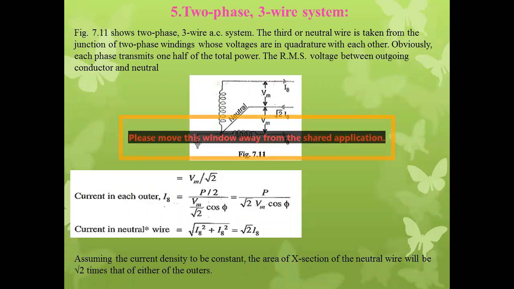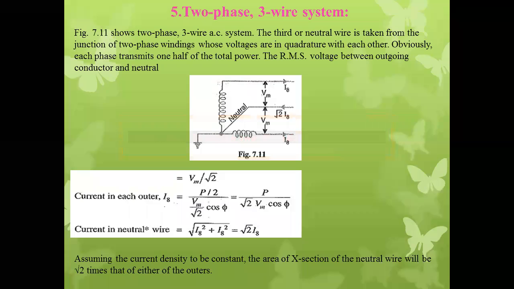If the total power to be transmitted through this system is P, the individual phase will transmit one half of the total power, that is P by 2. Out of the two phases, each individual phase transfers exactly half the power.